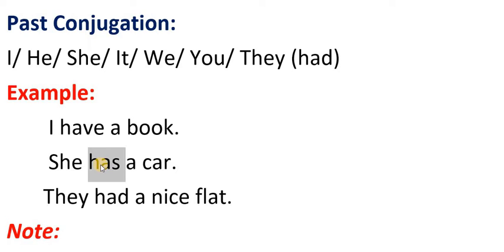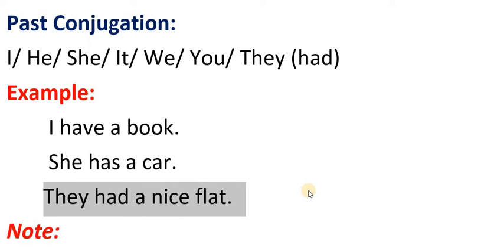The next example: they had a nice flat, or they had a nice apartment. Since the sentence talks about past ownership, we use the verb had whatever the subject is. So, they had a nice flat.